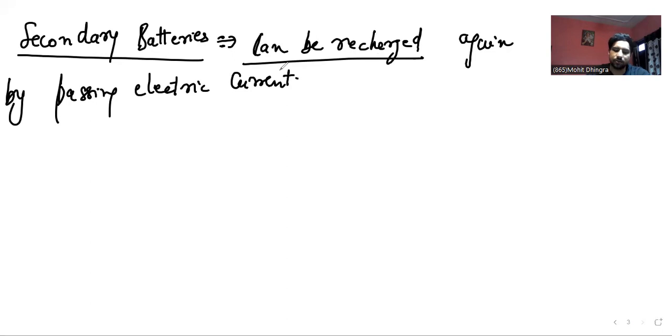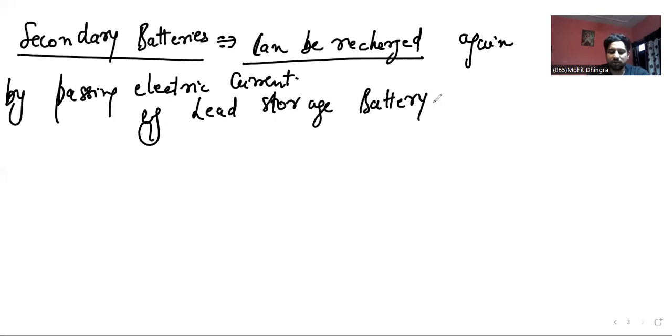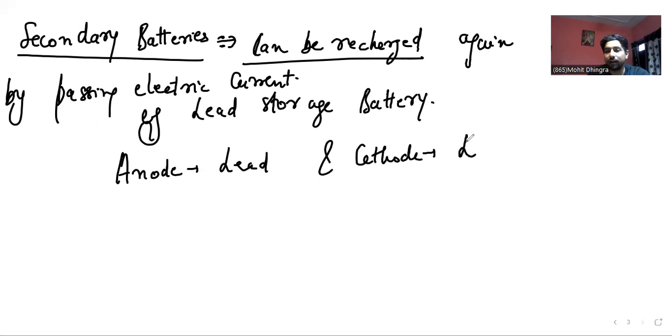The best example is the lead storage battery. In that, the anode is made up of lead and the cathode is made up of lead oxide.